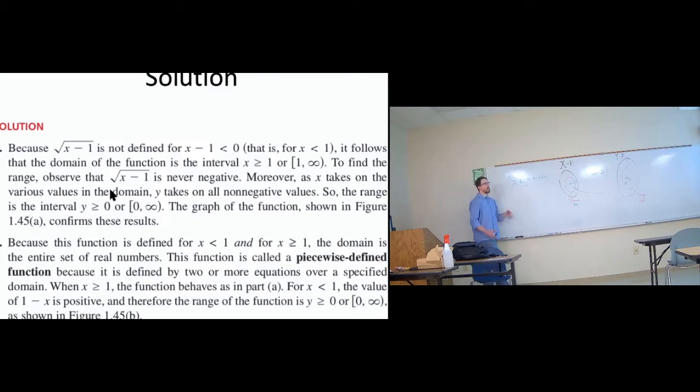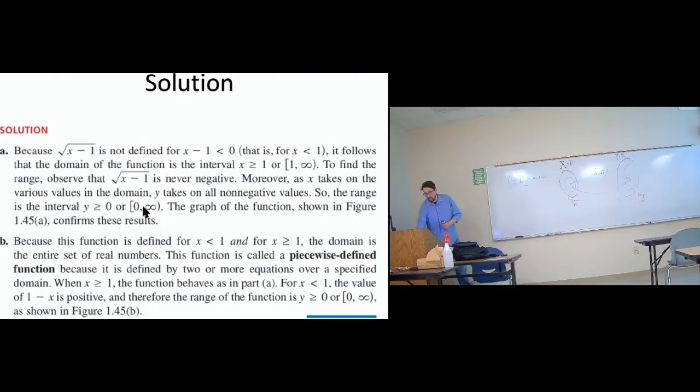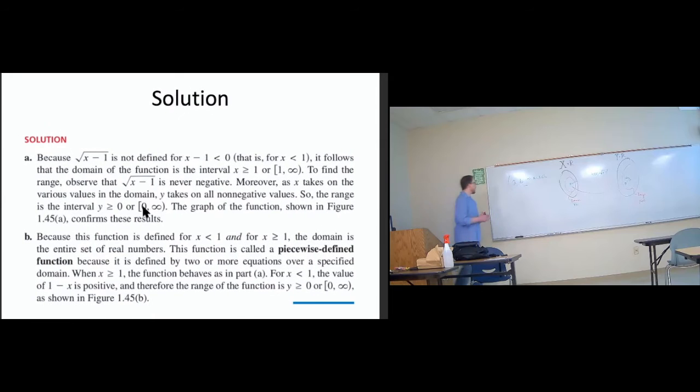Square brackets mean you can attain that final value, A, or in this case, B. Rounded brackets mean you can't attain that value. You can get as close as you want to it. Having said that, as a point of notation, when it comes to infinity, you can never attain infinity.